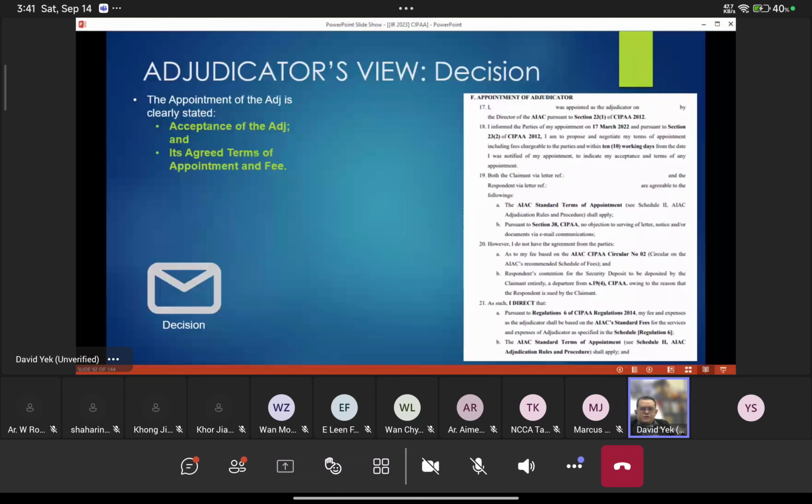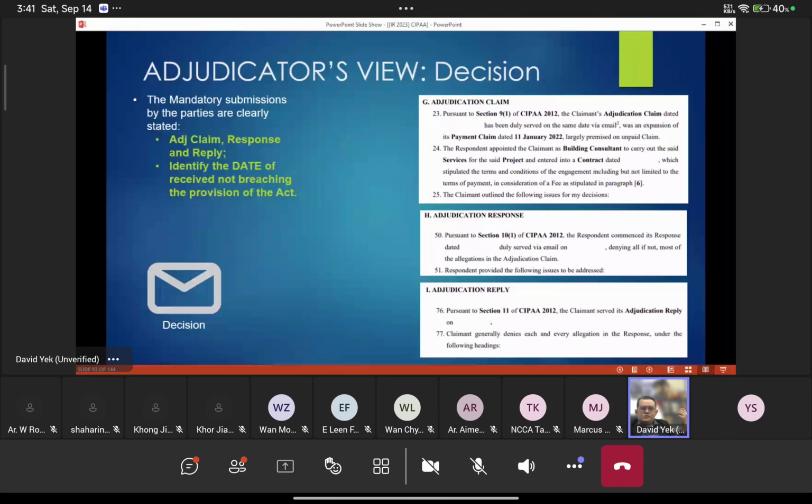So all this has to be put into your decision. And then the other mandatory submission by the parties, like the adjudication claim, adjudication response, and reply. You also have to identify clearly the date that this submission was made and the date the submission was received. Okay, now this is very interesting.